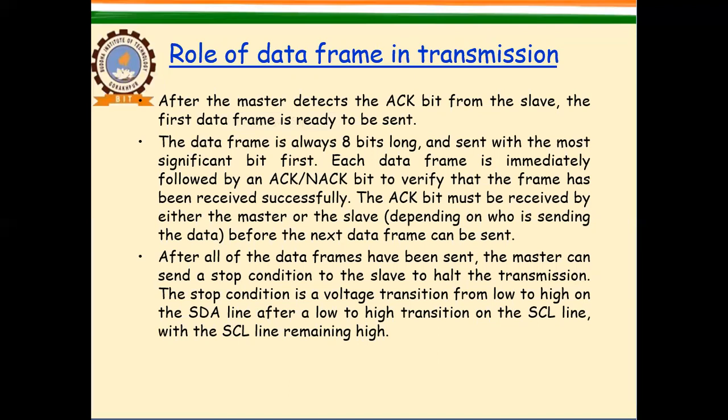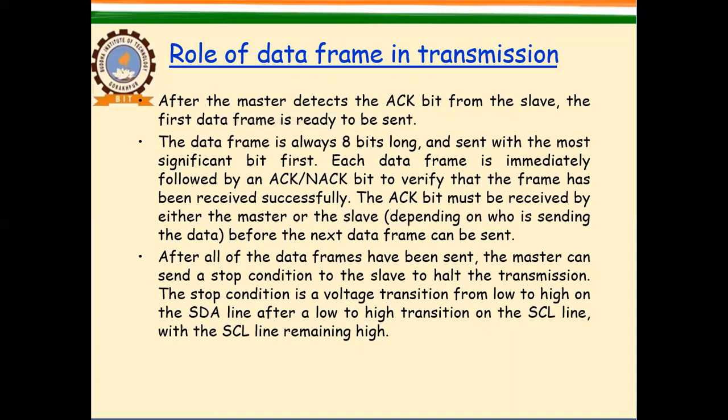When an 8-bit data frame is sent, there is again an acknowledgement bit to verify that the frame has been received successfully, either at the master end or the slave end. So if the master is sending the data, the slave has to send the acknowledgement bit.